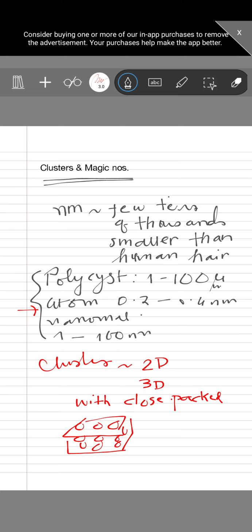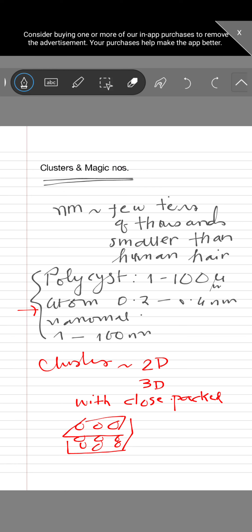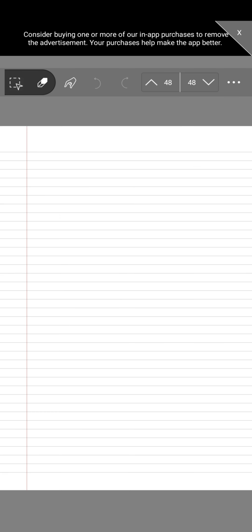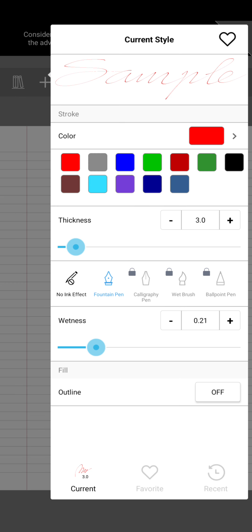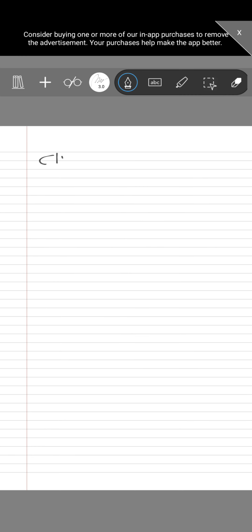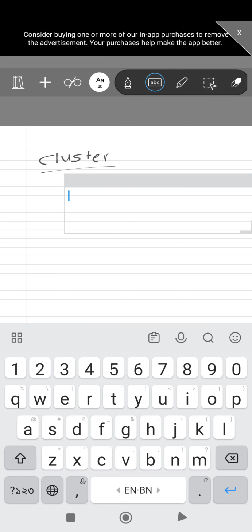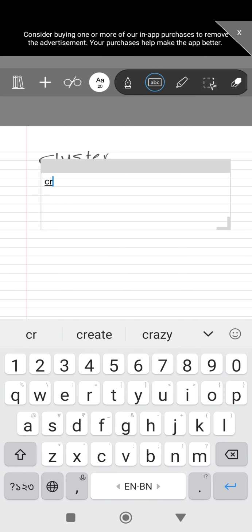Now this cluster has certain critical sizes.